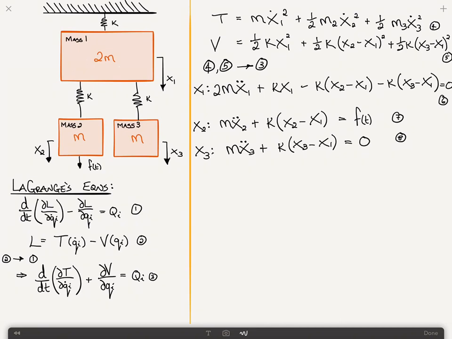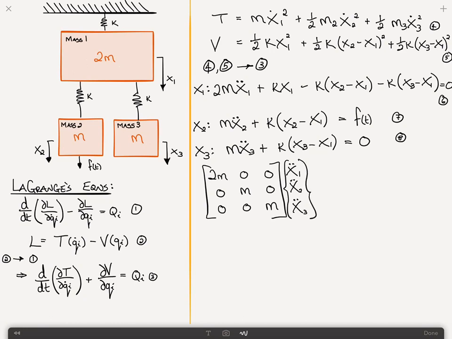All right, so I'm going to rewrite this in matrix notation because it allows me to be more compact. Let me write it first and then put the brackets. 2m, 0, 0, 0, m, 0, 0, 0, m times x1 double dot, x2 double dot, and x3 double dot. That is a vector. And then we group the stiffness matrix.